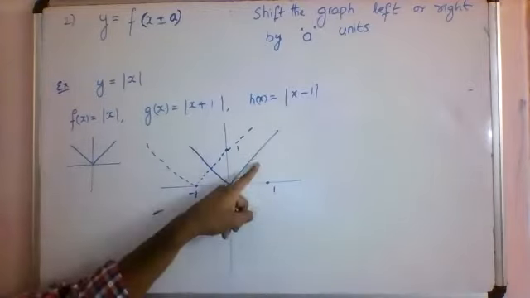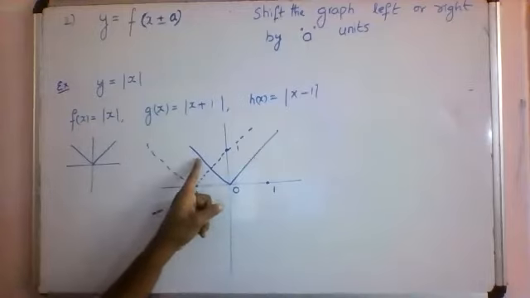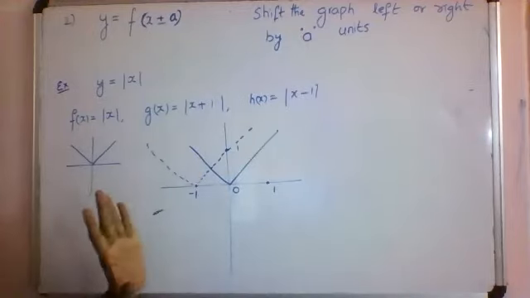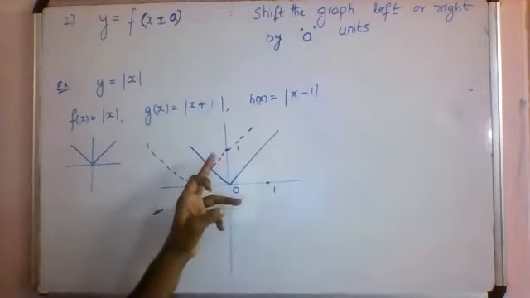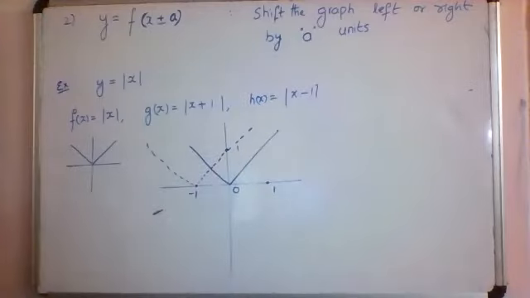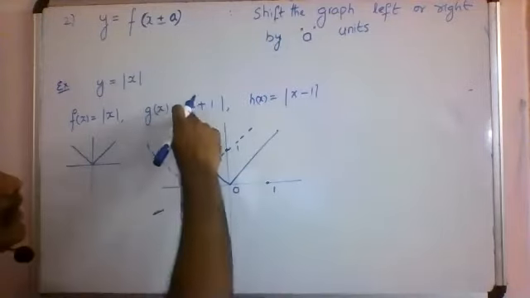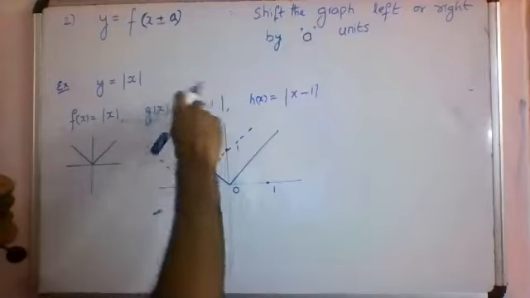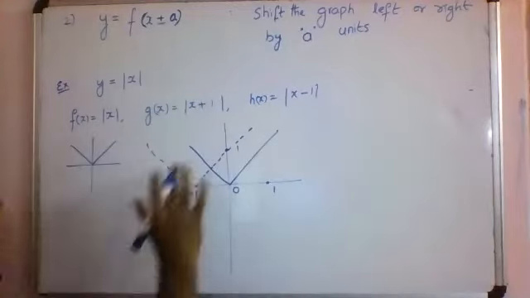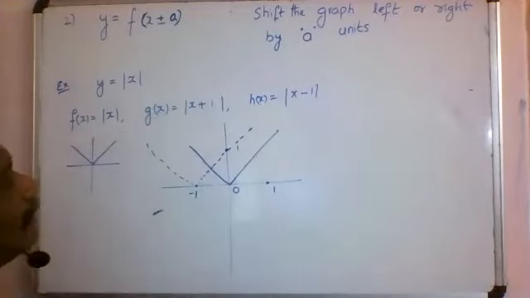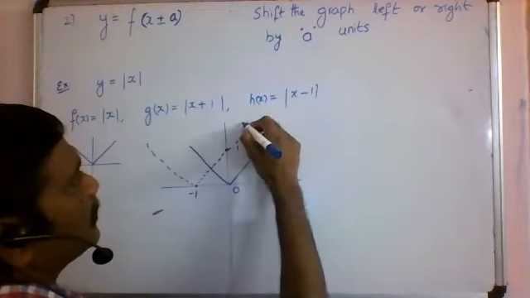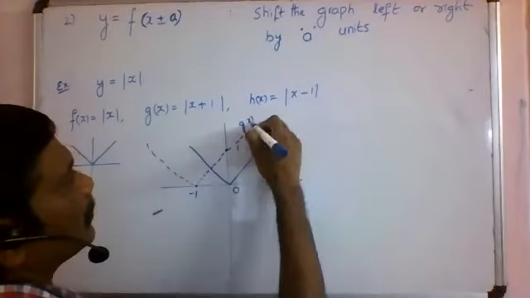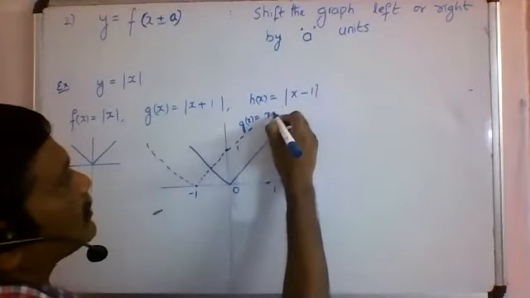This line must be parallel to this and this line must be parallel to this. And the most important things are where we are going to get the vertex and where the graph is going to cut the y-axis. By putting x is equal to 0, we can understand where it is cutting the y-axis. So this is the graph of this one, x plus 1. I can write, this is the graph of g of x is equal to mod of x plus 1.